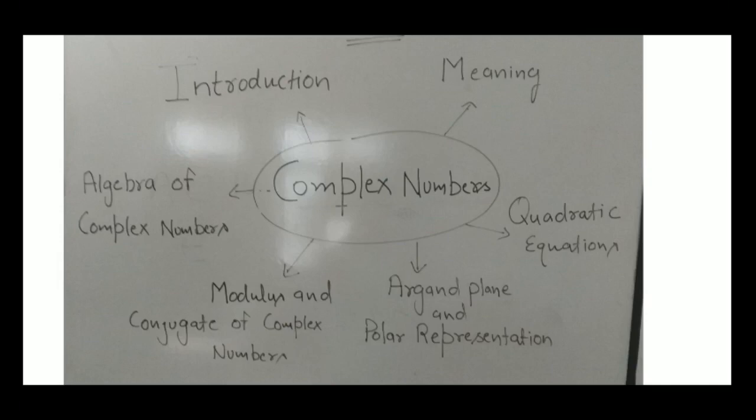In the first step we will do the introduction of complex numbers, then the meaning of complex numbers, then algebra of complex numbers, where we will discuss the different properties of complex numbers, and then modulus and conjugate of a complex number, Argand plane and polar representation. Then we will solve quadratic equations having non-real roots.